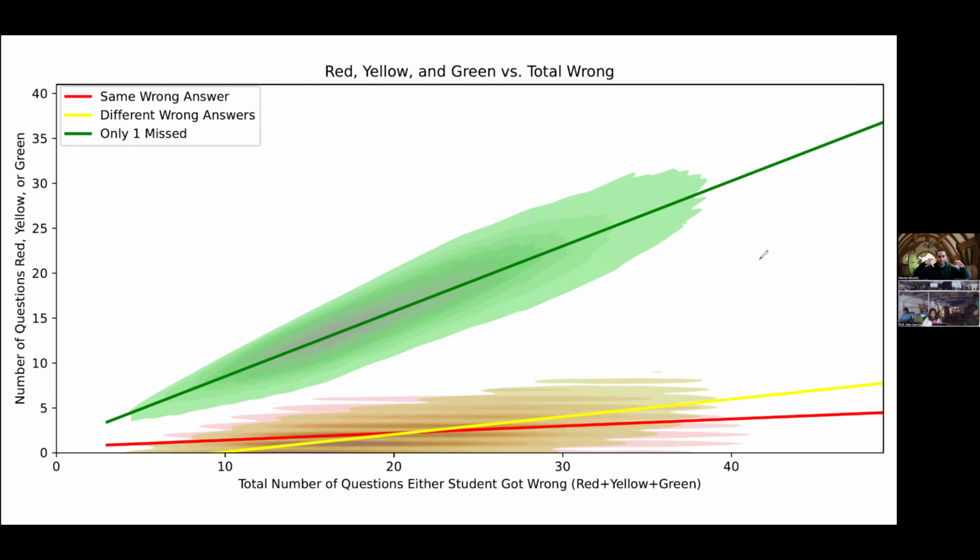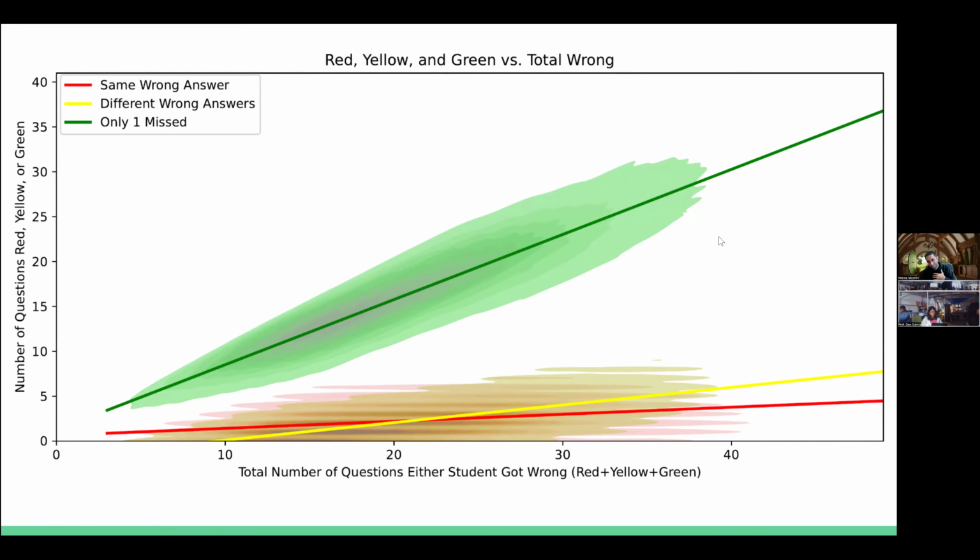So you can think of it as looking top down on a mountain. This is the peak of the mountain. And then each of these is like a contour that's less and less big. And I could do this for all 3 of the curves. And intuitively, you would expect that the green count would be the highest, because you would expect students to, some questions one will get wrong, some questions the other will get wrong.